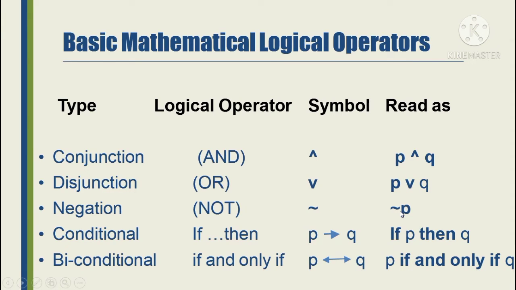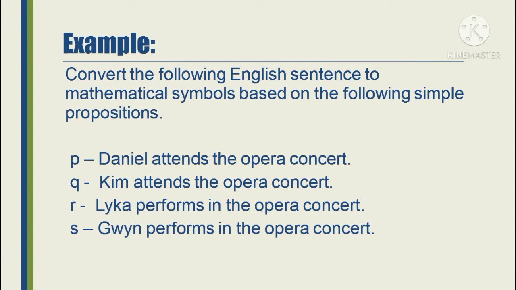We could read this as not P. For this naman, for the symbol, if and then, we could read this as if P, then Q. Kapag biconditional naman, if and only if. So, P if and only if Q. Yun yung pagbasa sa kanya. So, this is the sample.